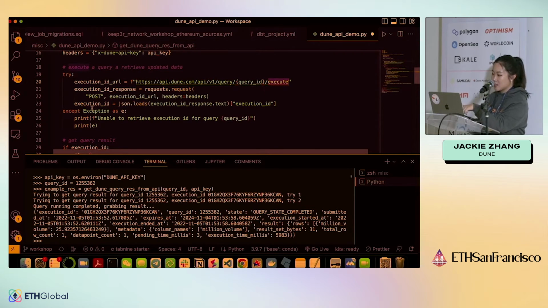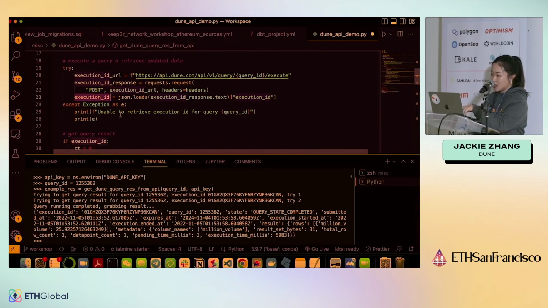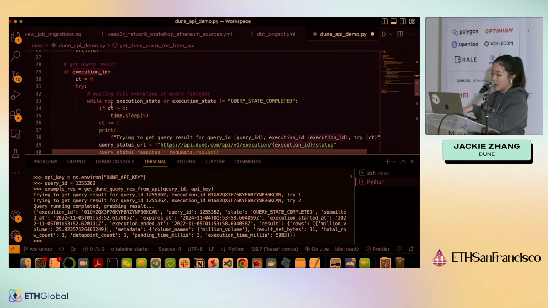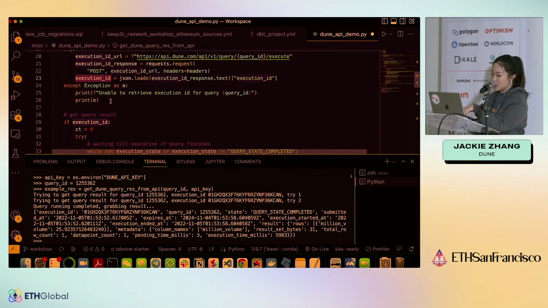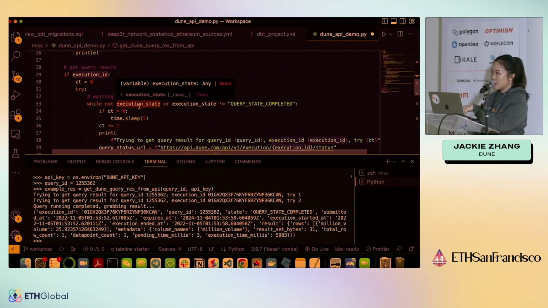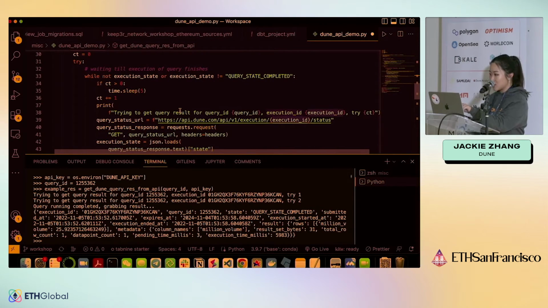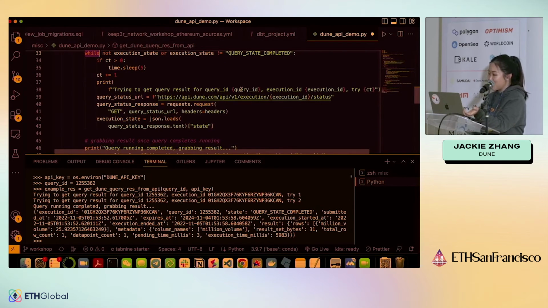Once it executes, it gets the execution ID for this particular query ID. You grab that, and because it hits our backend, it's literally running the query live in our engine, so you need to wait till the query finishes. Here I just have a simple while loop waiting for the query to finish executing.